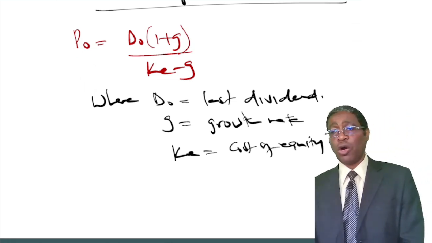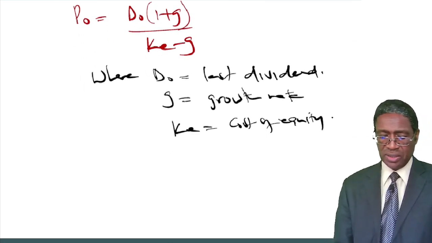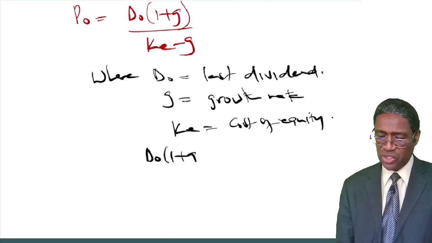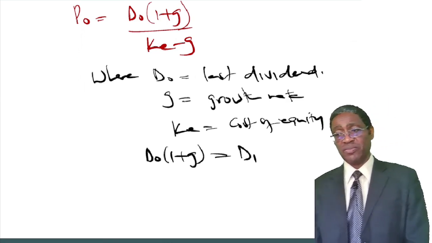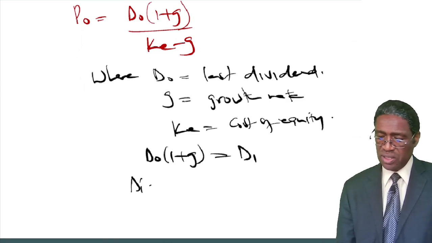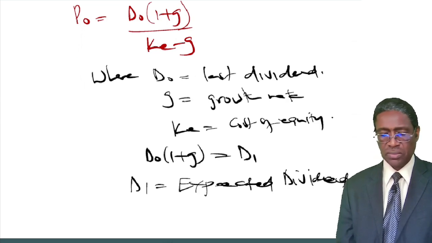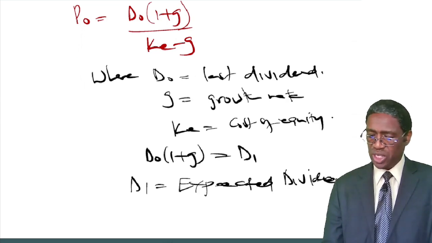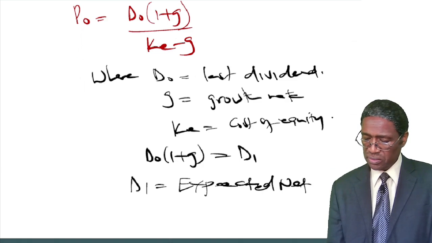I also want you to recall, just to explain, that D0 into (1 plus g) is the same as D1. What was D1? If you remember, D1 is what we were saying is the expected next dividend.